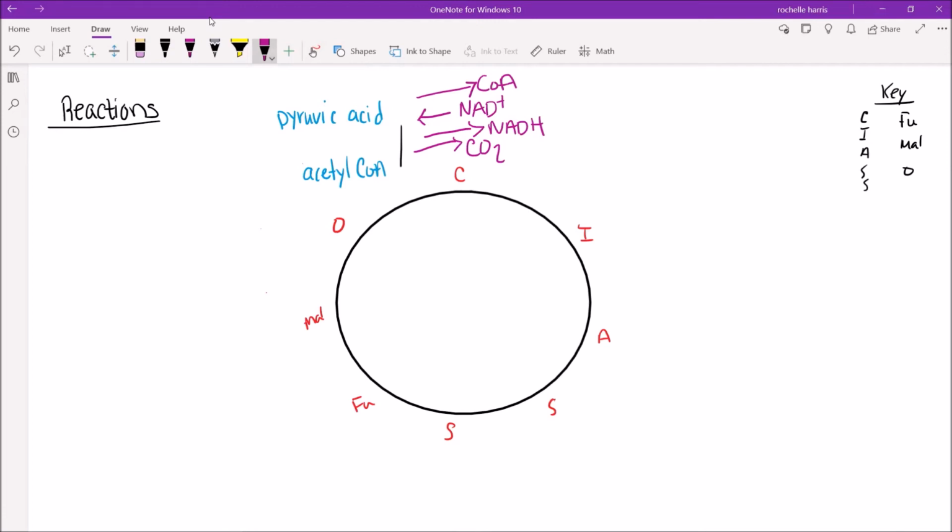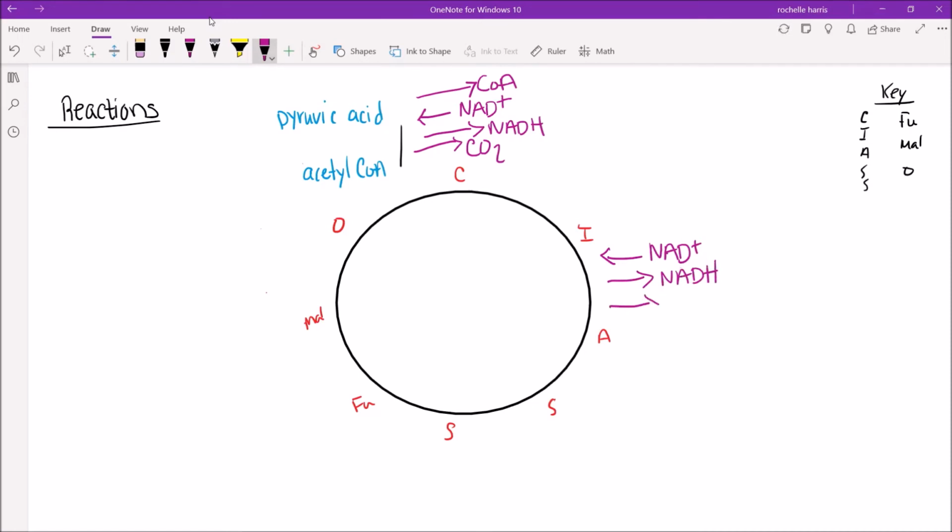Next, our next reaction is between isocitric acid and alpha ketoglutaric acid. NAD plus is being oxidized, and leaving this cycle is NADH, leaving the cycle with electrons.